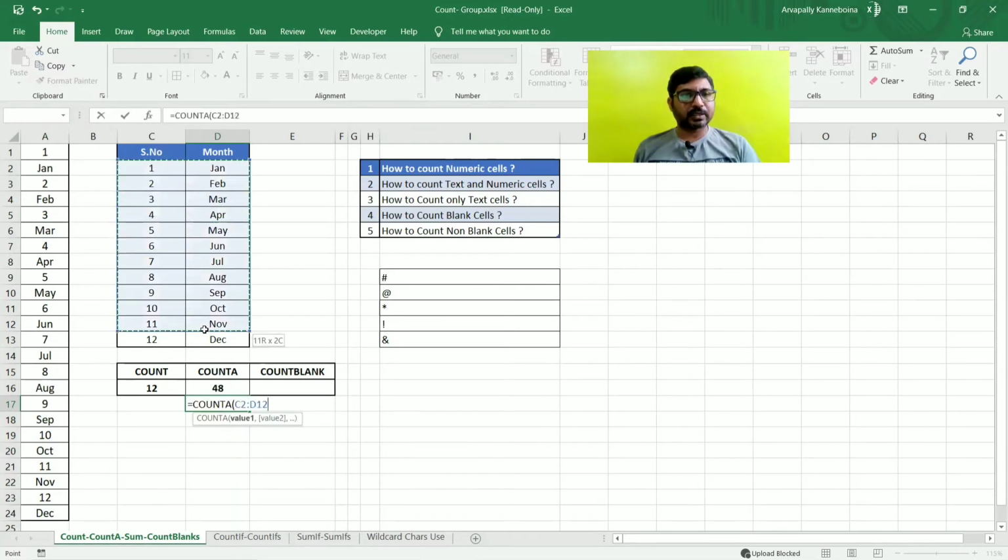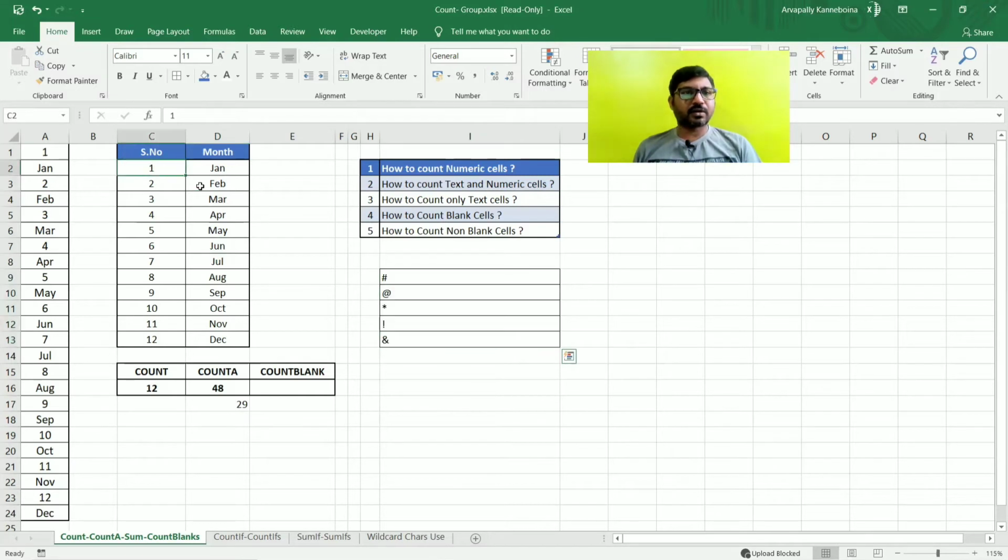I am selecting this only, and you can use a comma or hold control. This time I'm using a comma and selecting this. Close the bracket and hit enter. We get 29. These are 5 and 24, so it should be 29, right? The same as I'm writing.